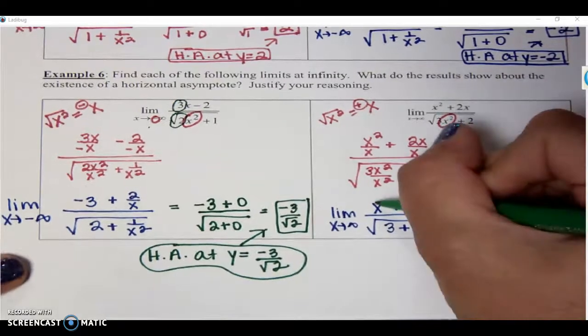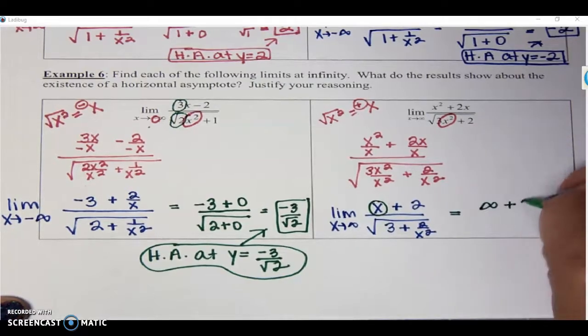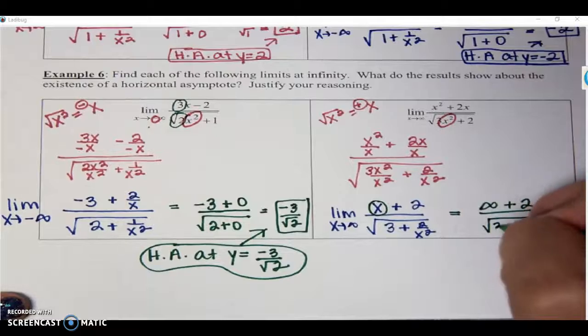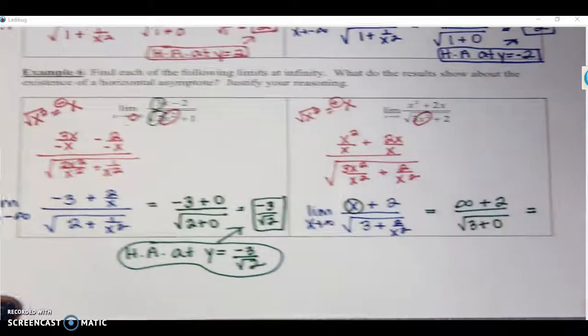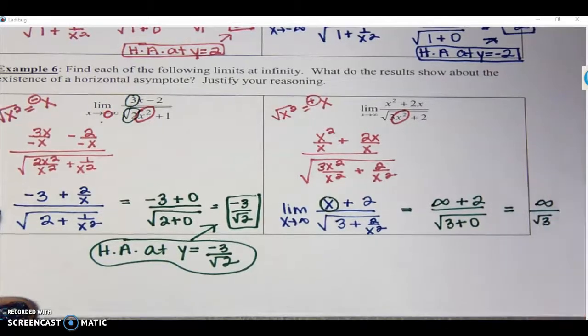Okay, so this is one of the ones where we have this variable here, so the x, if you remember from the previous problem, we just plug in that infinity there. So infinity plus 2 over the square root of 3 plus, we have small over big, so that's 0. Well, a really big number plus 2 is still going to be a really big number, infinity, divided by square root of 3.